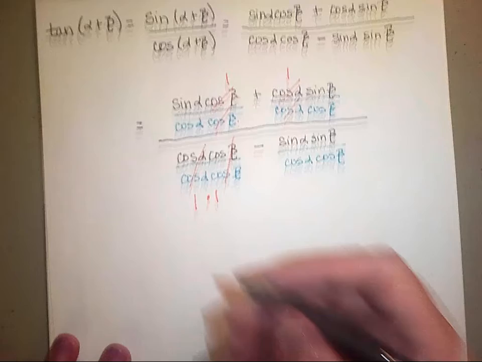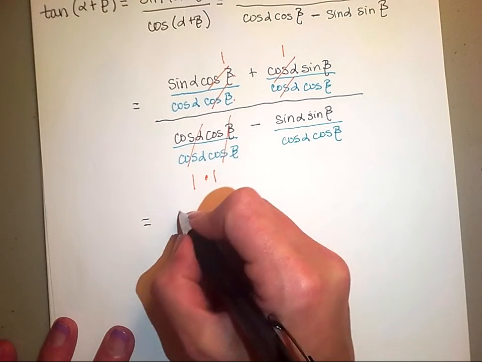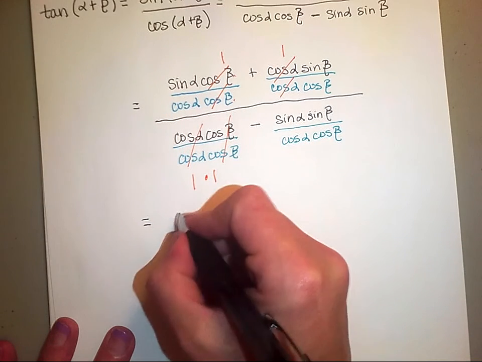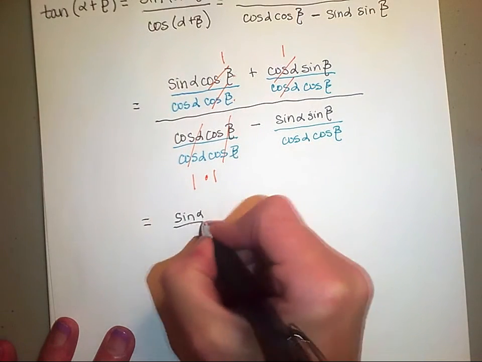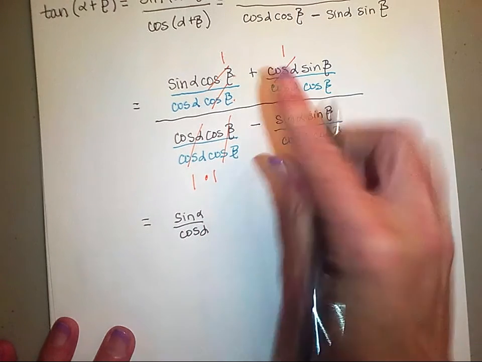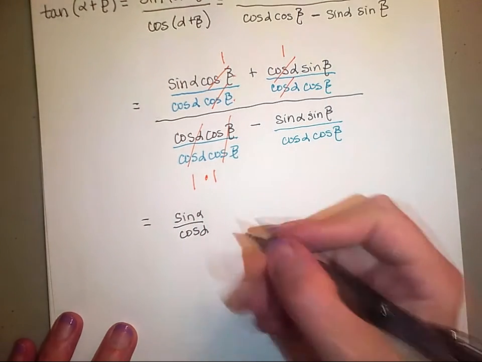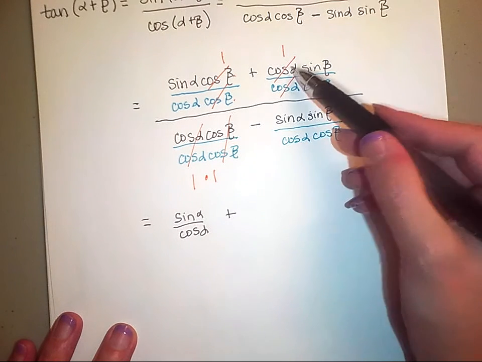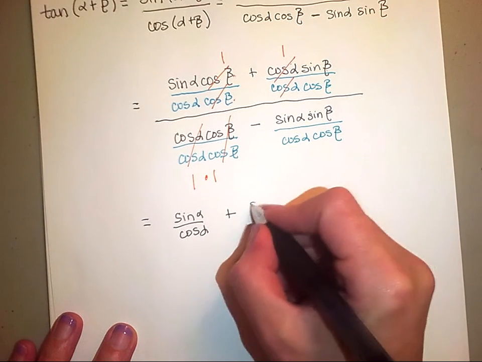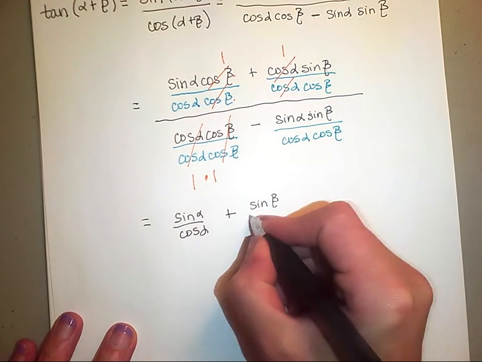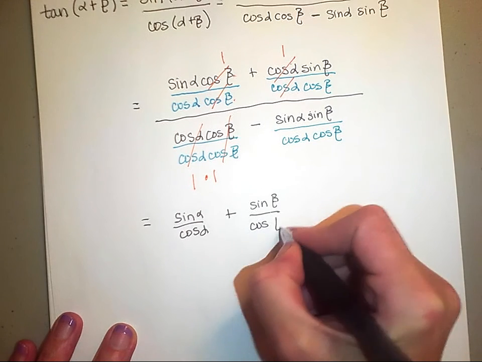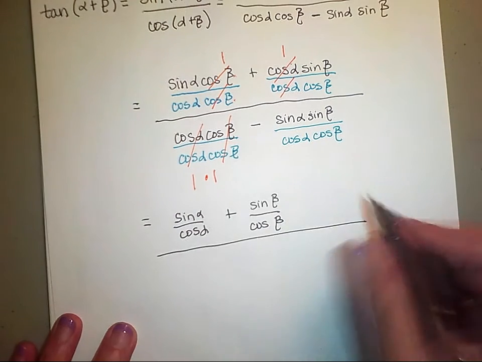And here, no simplifying. So let me just rewrite these. So up top we have the sine of alpha over the cosine of alpha times 1, which is just sine alpha over cos alpha. Then plus, here 1 times, we just have the sine of beta over the cosine of beta.